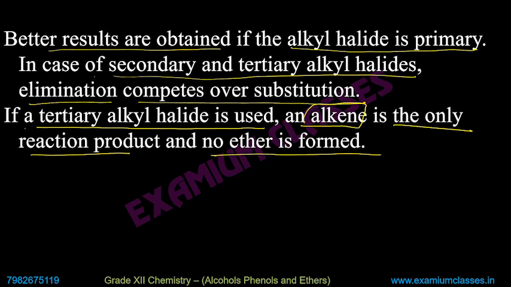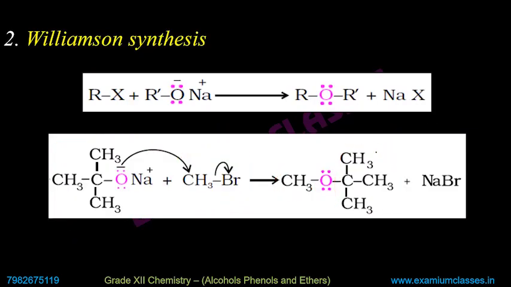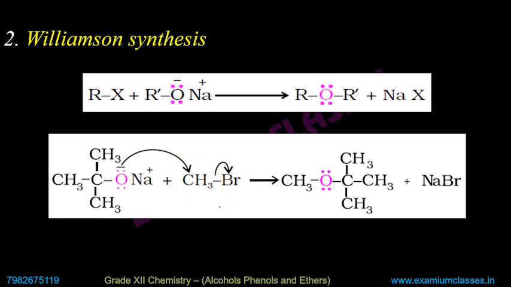If you use a tertiary alkyl halide, no ether will be formed. If it is secondary, then a mixture of ether and alkenes will be formed, so that is anyway not required. If it is primary, only then ethers in good yield will be formed.